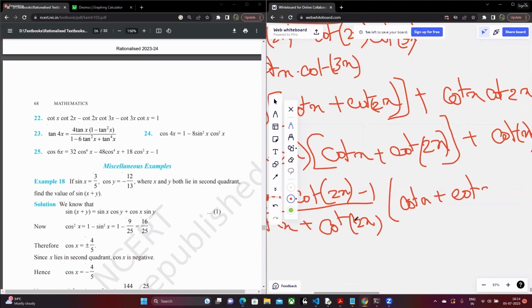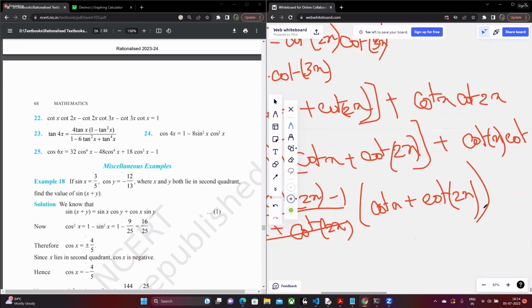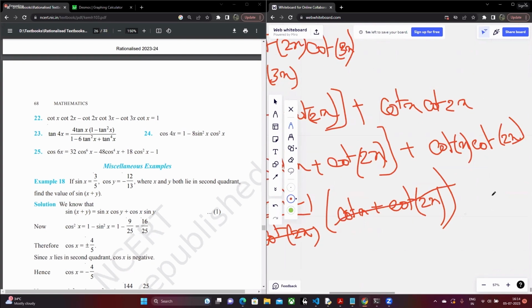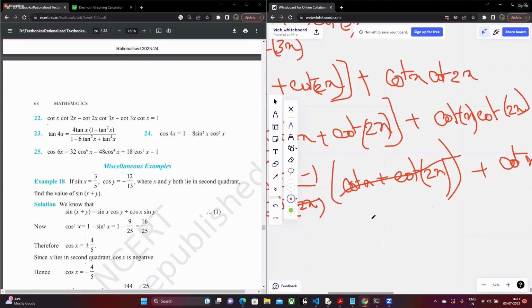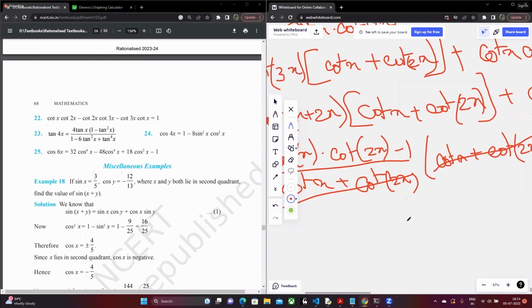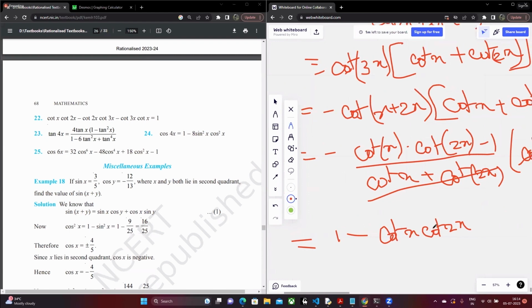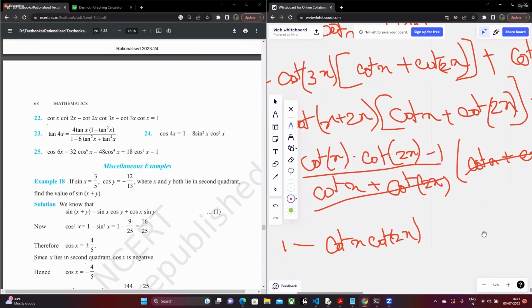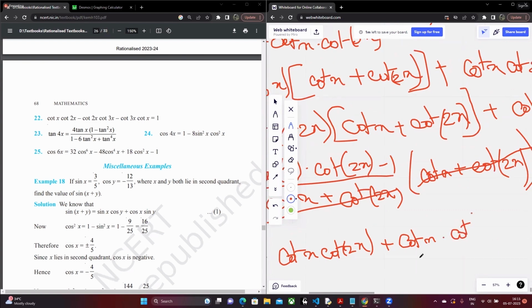So the denominator and the numerator term gets cancelled out, and you are left with another cot x cot 2x term. Right? So this is basically 1 minus cot x cot 2x plus cot x cot 2x.